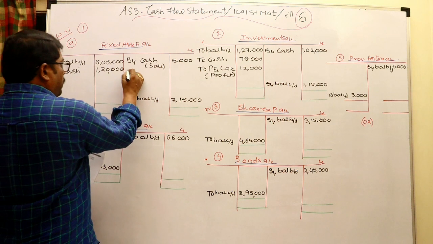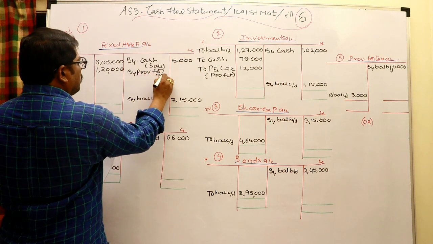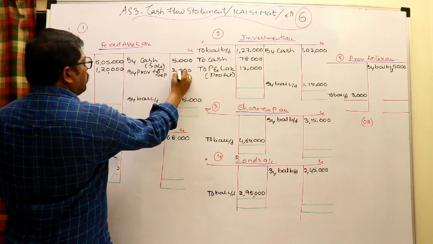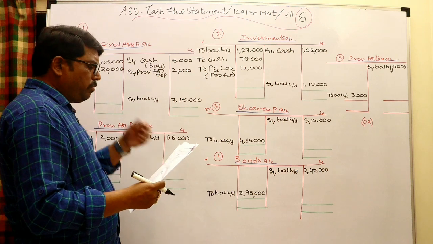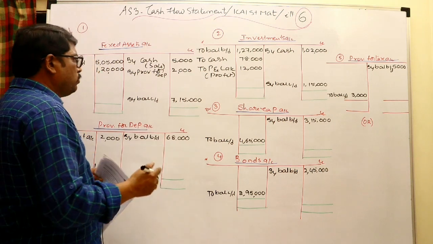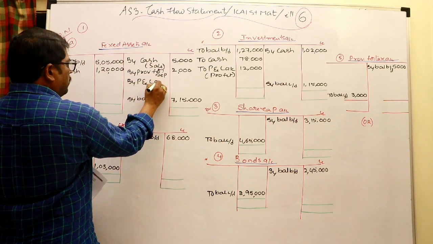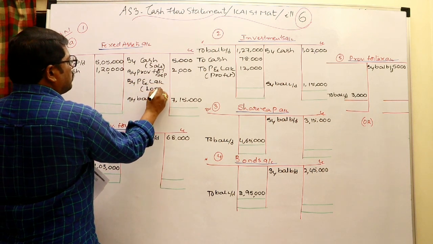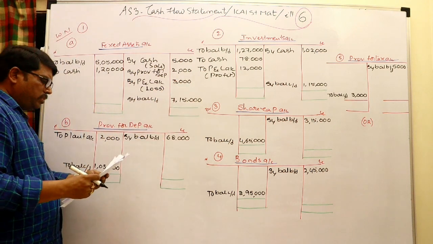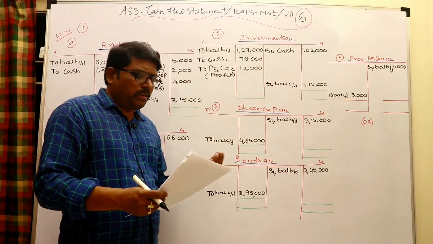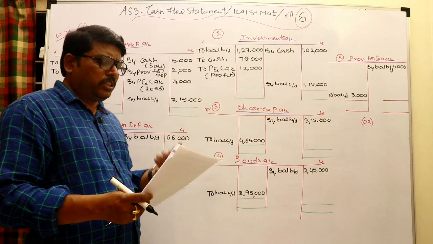In the plant account, by provision for depreciation 2,000. 10,000 minus 2,000 is 8,000 written down value, sold at 5,000. There is a 3,000 loss. P&L to asset; in the asset, by P&L within bracket loss 3,000 rupees. So we wrote the entry for sale of asset, loss on the asset, and the depreciation transferred to the respective asset account.